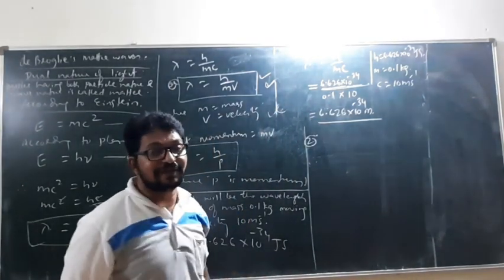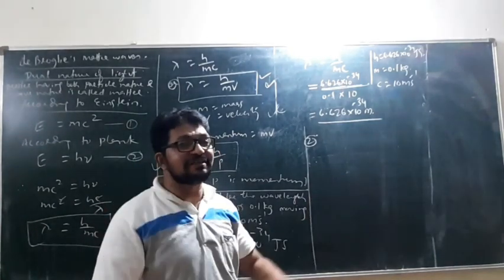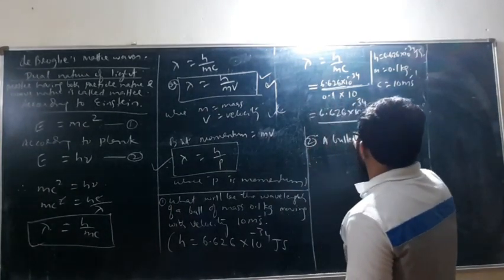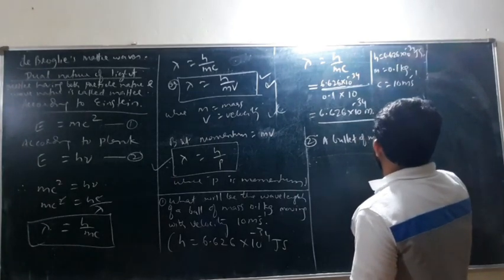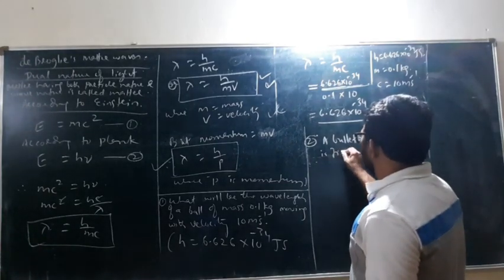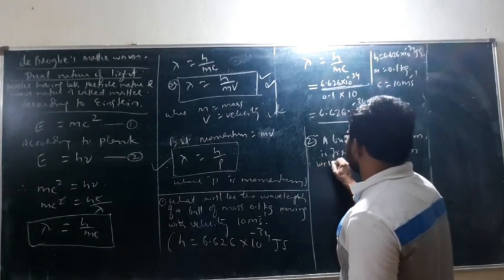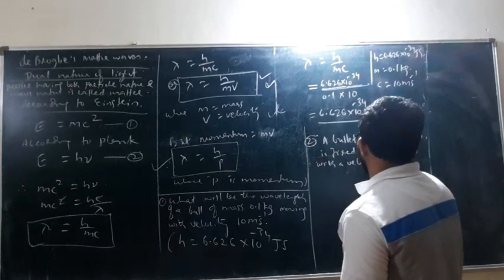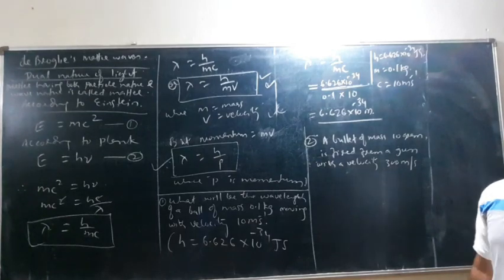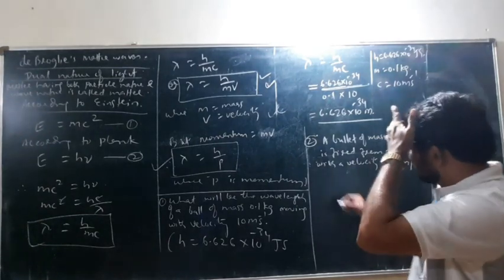When you fire a bullet from a gun, say maybe 10 grams, what is the wavelength of the bullet? I will write it. A bullet of mass 10 gram, convert into kg, SI unit, is fired from a gun with a velocity, say 300 meter per second.